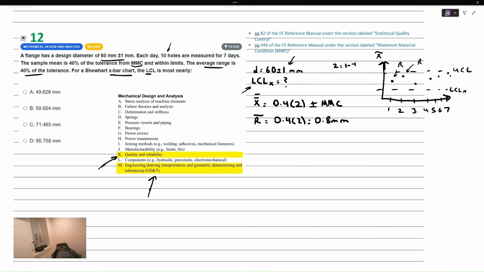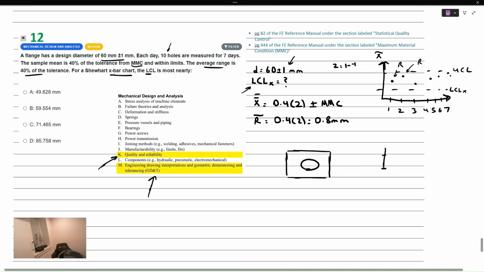And the first thing that we're going to need to do is think about the idea of maximum material condition. And this is a very important distinction between an internal feature like a hole, or an external feature like a cylinder. And of course, we're talking about a hole in this case, but I'll discuss both cases here.